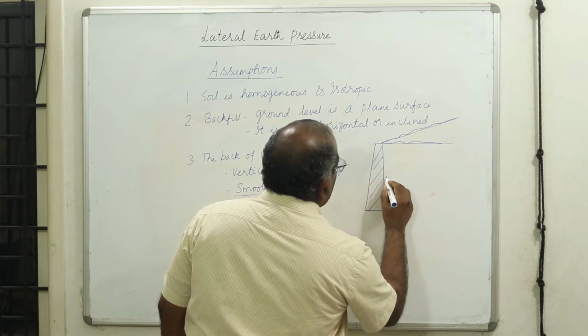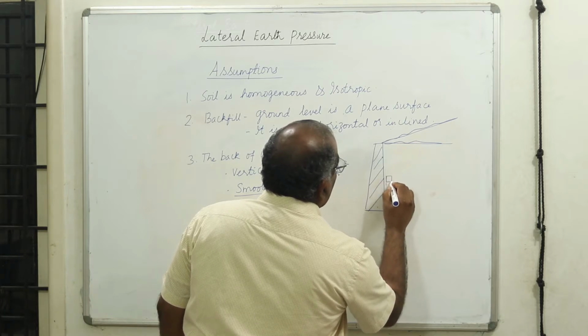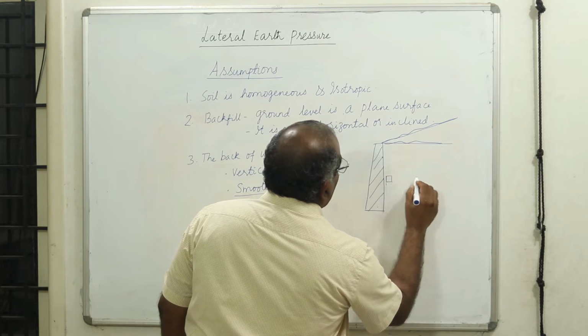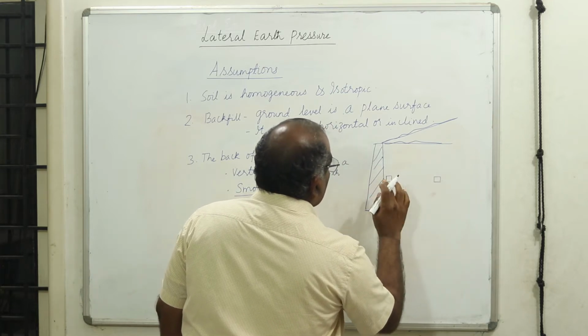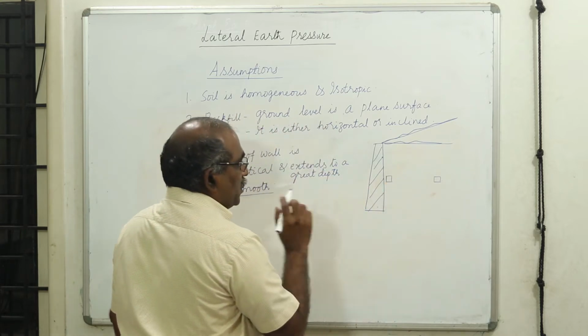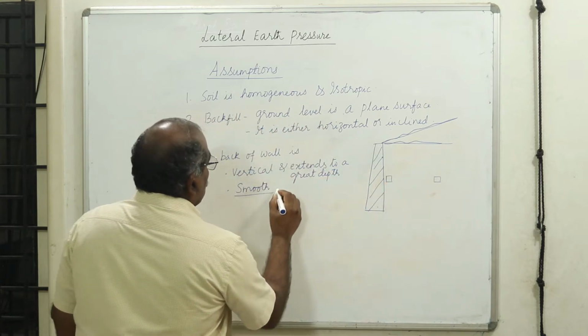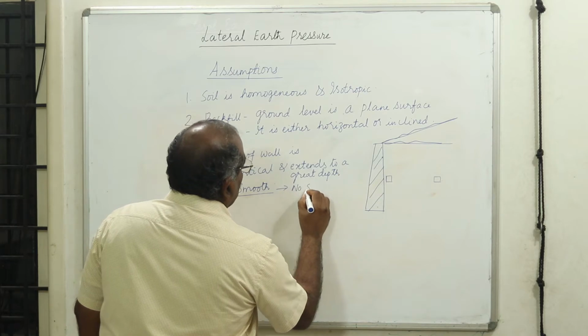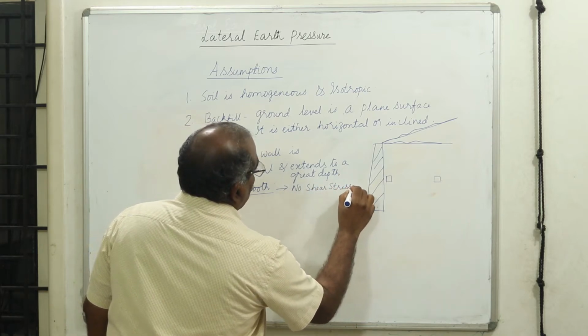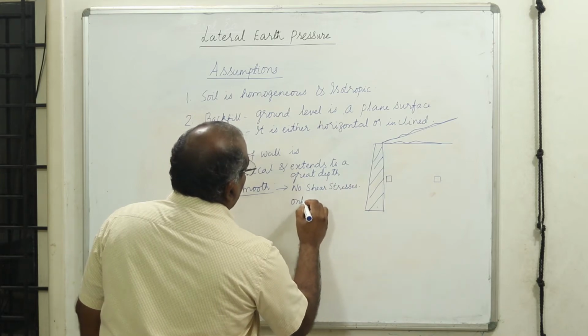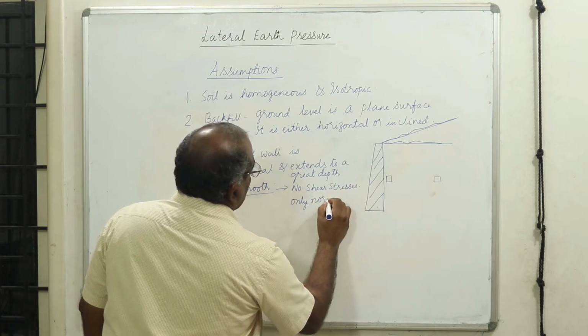Now, if I take an element here at any depth Z, and an element very far away, both these elements will have no shear stresses acting. Only normal stresses are acting.